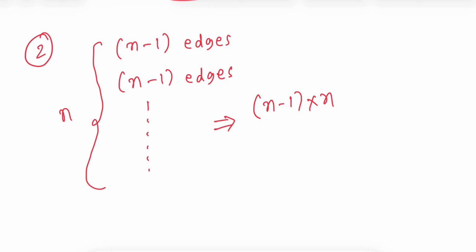But what happens is, let's assume that the max number of edges is m. If you just add all these edges, you will be counting edges twice.